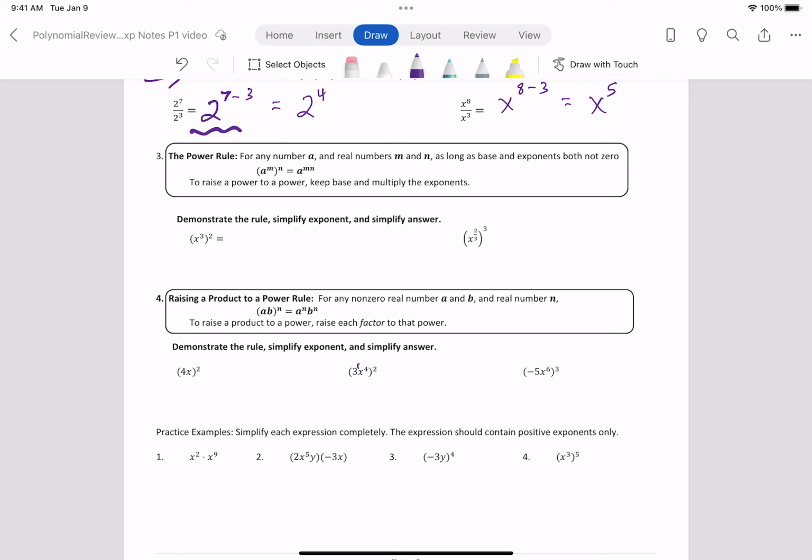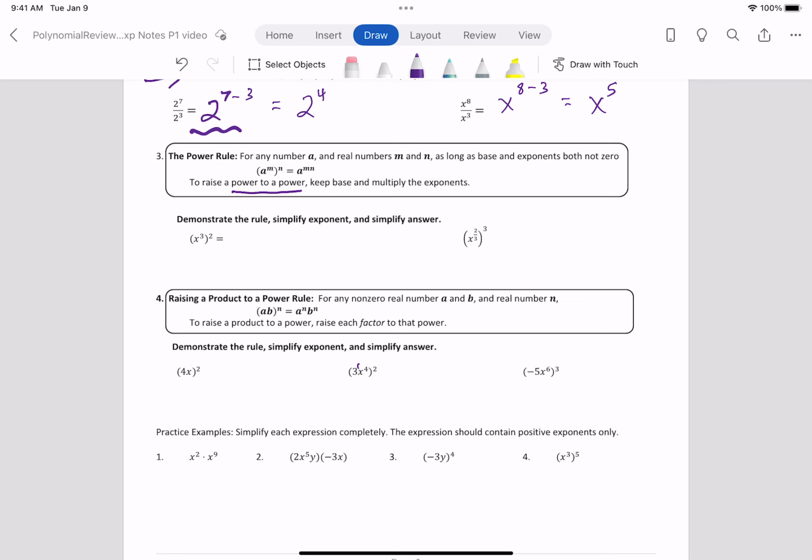The power rule, you will probably hear me say a good bit that it's the power to a power, because we have a base and it is raised to an exponent, and then that entire thing is raised to another exponent. So it's a power to a power. When we do that, we're going to keep the base again like we normally do.